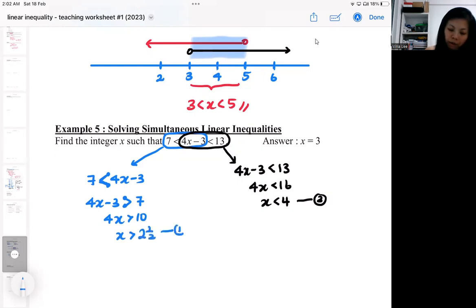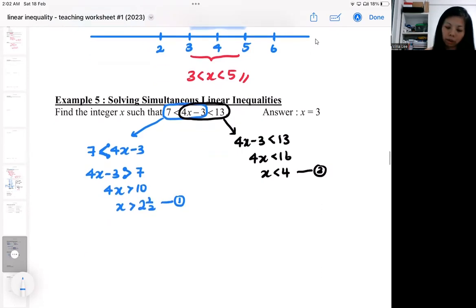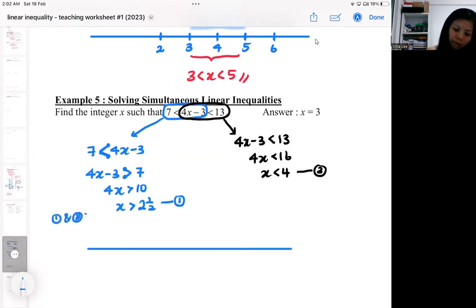So there are two answers that you need to combine. Make sure your number line is sufficient. You've got to combine 1 and 2. So I will do something like this, 2, 3, 4, 5. So 2.5 is here.